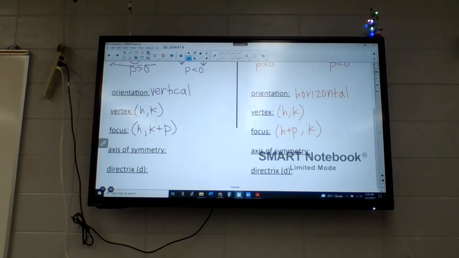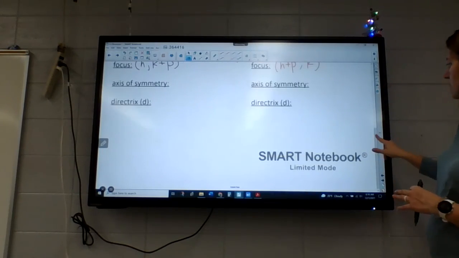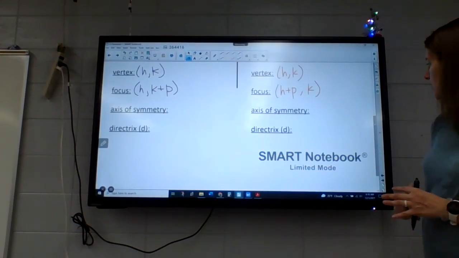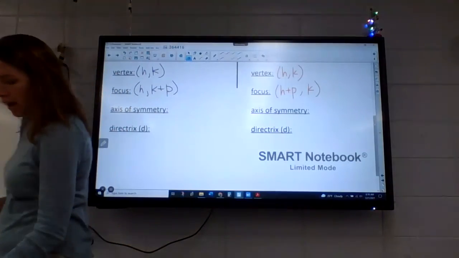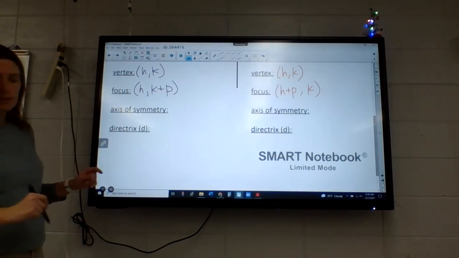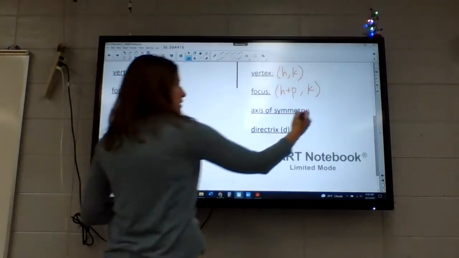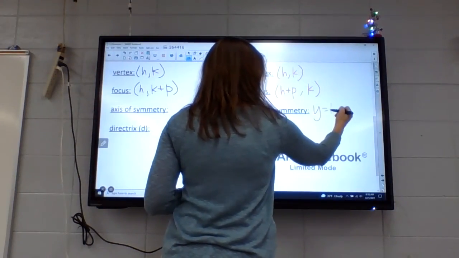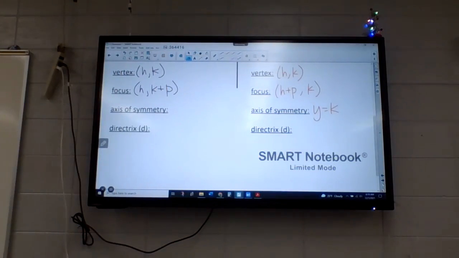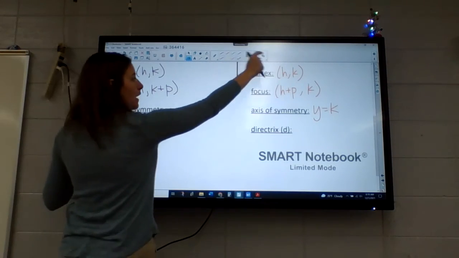Now the axis of symmetry is always running through the graph, perpendicular to the directrix, that new line that we haven't really used before in a parabola. So the axis of symmetry, I'll do that one over there, is y equals k on that one.